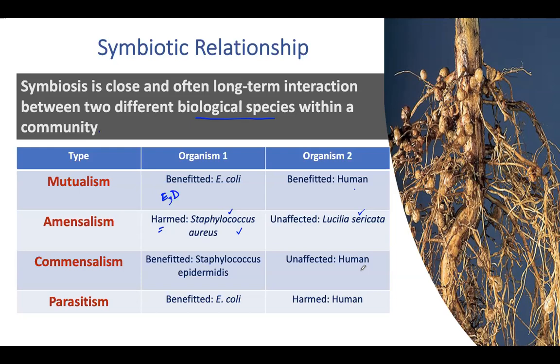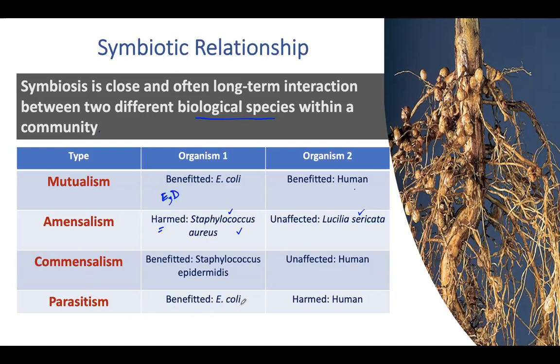So basically they get the place to stay and they get food from your body, mostly the dead skin. And they don't harm unless they can go inside our body. As long as they are outside on our skin, we are unaffected. So the relationship between Staphylococcus epidermidis and human is called commensalism.